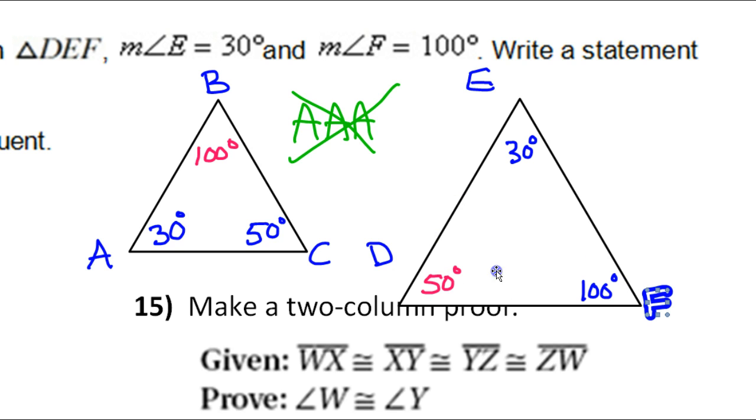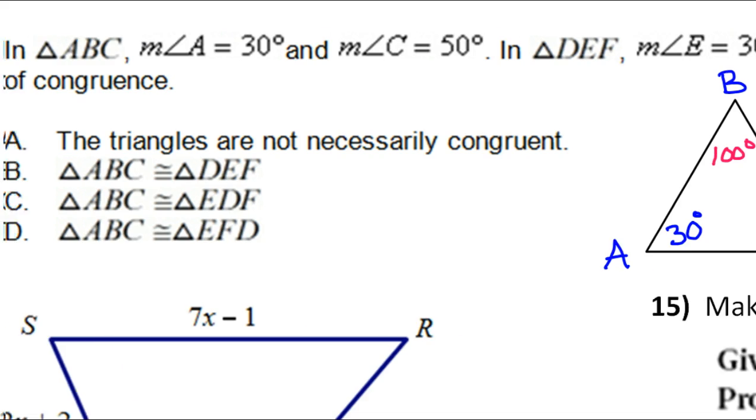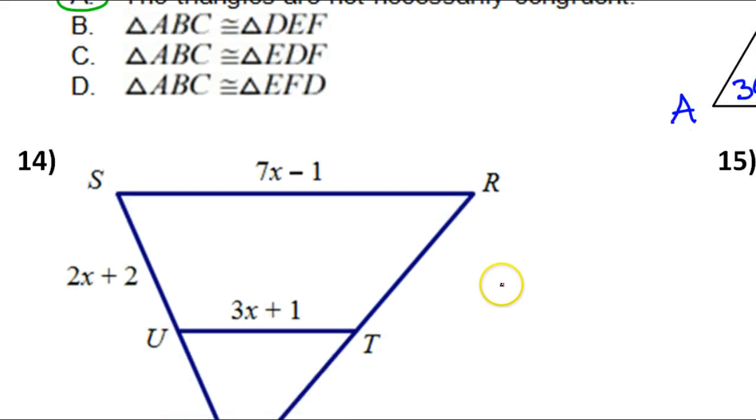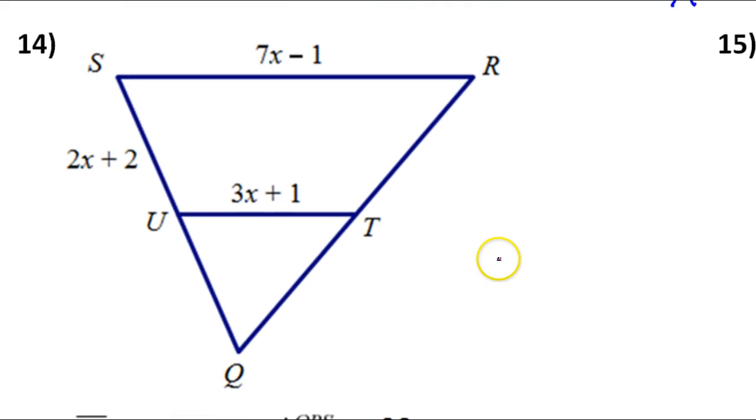So you could still have a big triangle and a small triangle, so they wouldn't necessarily be congruent. So for that reason, we have to go with A as the answer. Okay, so wasted a little bit of time there. Let's go on to number 14.